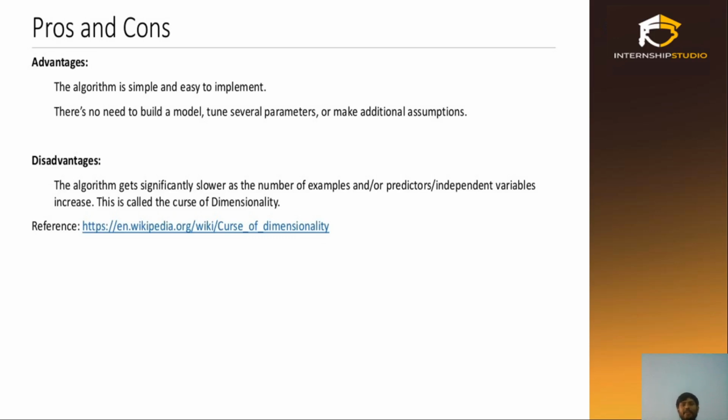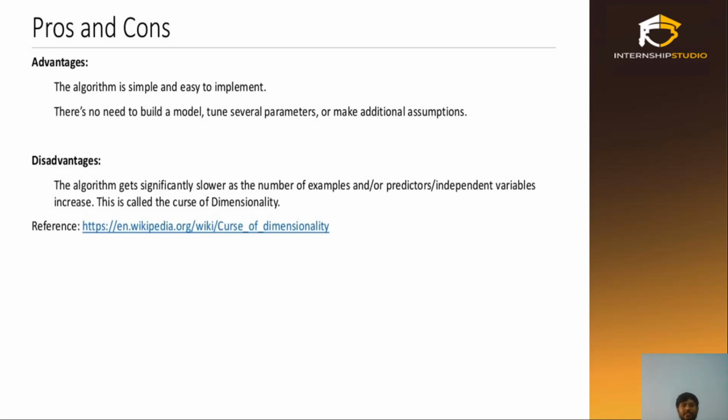Coming to the disadvantages, it is obviously significantly slower than the other algorithms that we are considering. Why? Because we are calculating the distance across all the samples, finding the nearest neighbors, and doing all these different things. That is the reason it will be slower compared to other algorithms. Also, as the number of samples increases, it will be difficult for this to cope.